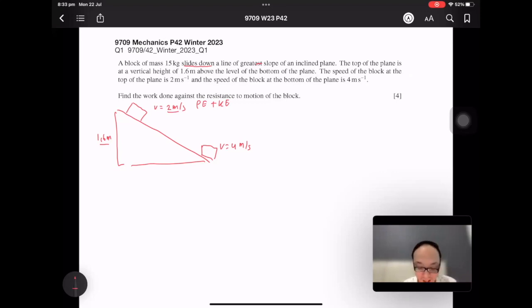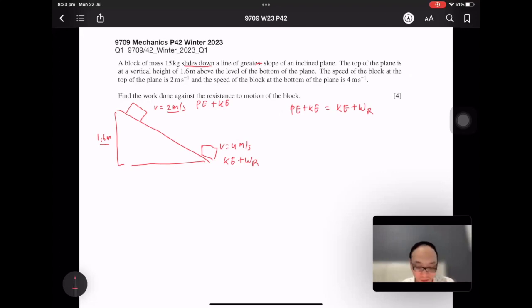At the bottom, we have kinetic energy and the work done against the resistance. So by using the law of conservation of energy, PE plus KE at the top will be equal to KE and work done at the bottom.